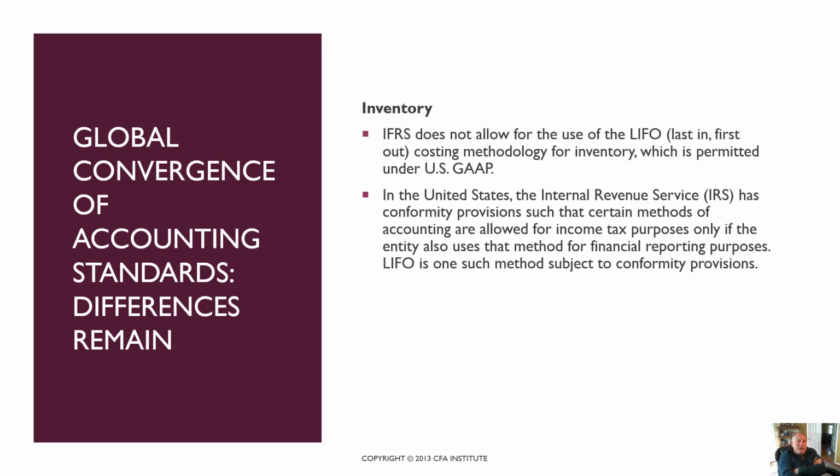Now, so you might say from a tax perspective, we do want to use LIFO. From an accounting financial reporting perspective, we want to use FIFO. So why not just treat it as a book tax difference?